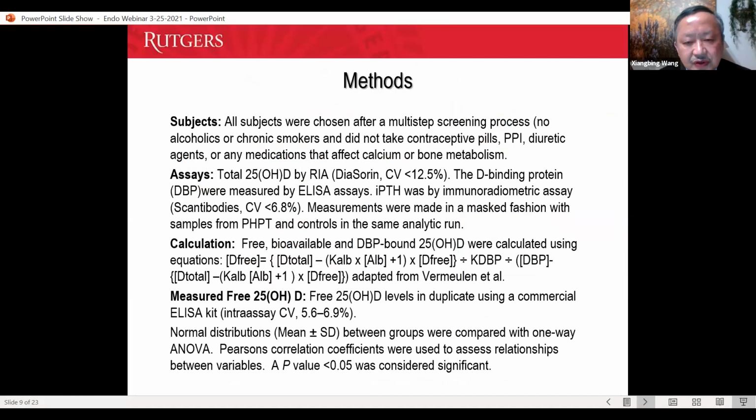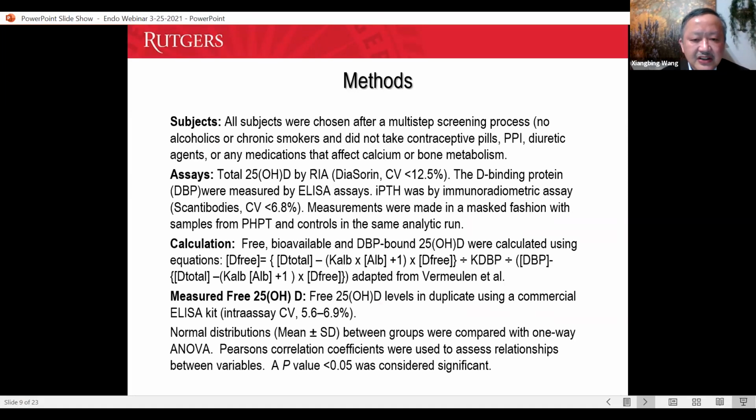So for this, we did our study, comparing primary hypoparathyroid patients with controls. We measured the total vitamin D, the D binding protein, PTH, calcium, phosphorus, we measured everything.